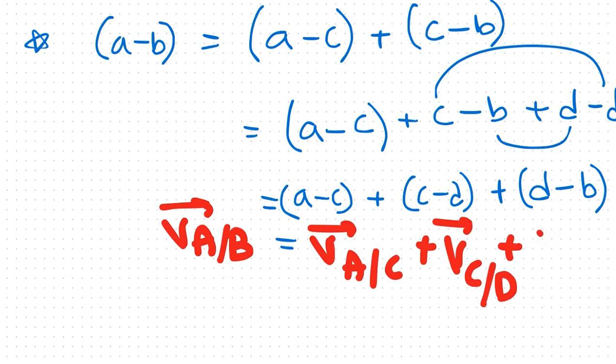So then it'd be the vector of B with respect to D. See, left minus right, right?